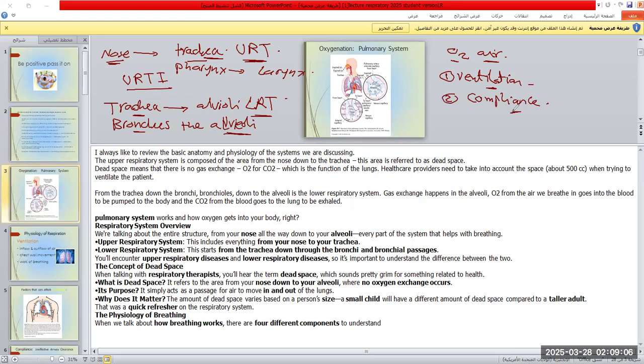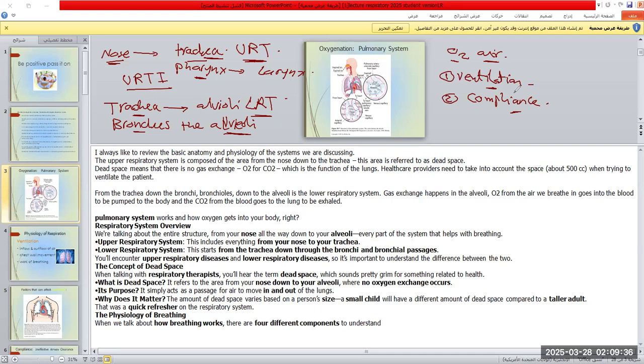Is ventilation considered the upper side of the respiratory system? No, it's not an anatomical place. It's a mechanism. Air will get into our alveoli and will get out again.